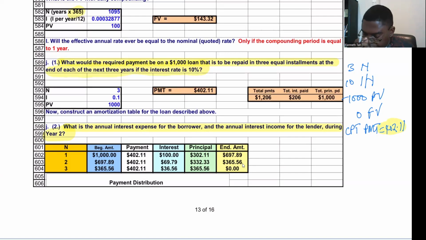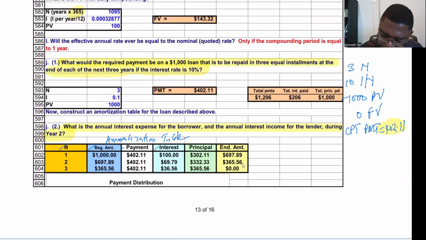And we can actually put this in an amortized table. So this is an amortization table. So it shows the amount that is being paid. So N is the time period. This is the beginning balance.